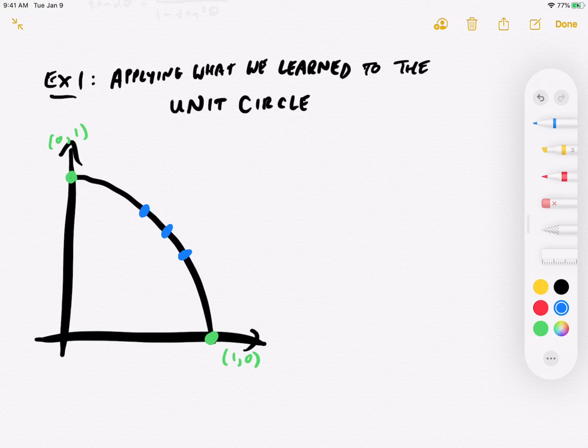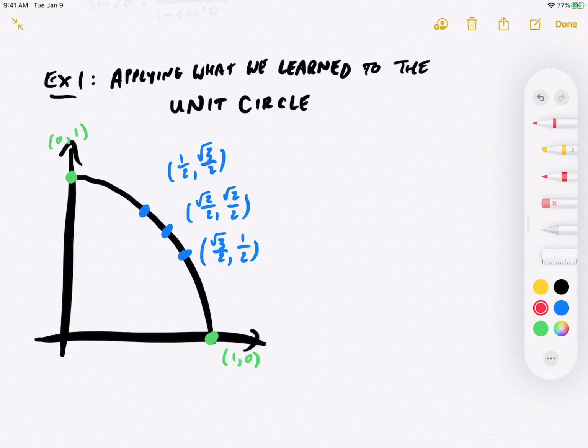And if you remember, we did a little bit of geometry to derive the coordinates at 45 degrees, (root 2 over 2, root 2 over 2), and then the coordinates at 30 and 60 degrees, which are (root 3 over 2, 1/2) and (1/2, root 3 over 2), respectively.